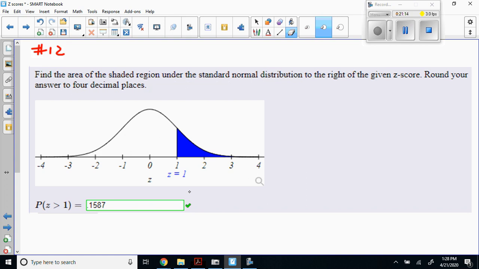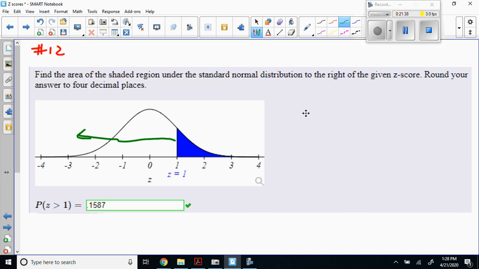Number 12 said find the probability, given a z-score, right? Find the area under the shaded region. That's a 1, right? So our area underneath is giving us everything below.